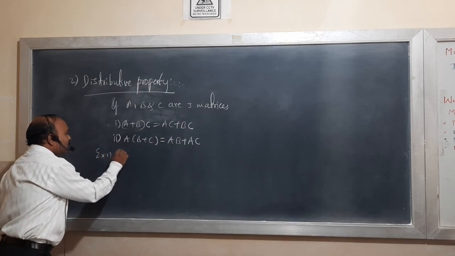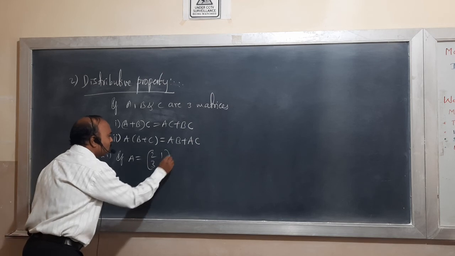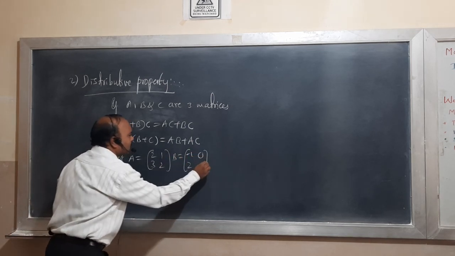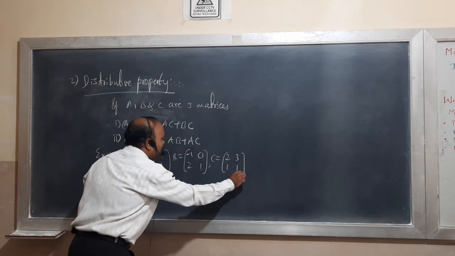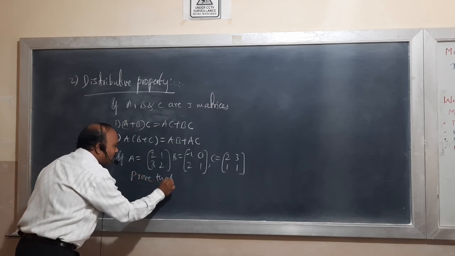Example 1. If A equal to [2, 1; 3, 2], B equal to [minus 1, 0; 2, 1] and C equal to [2, 3; 1, 1], prove both distributive laws.